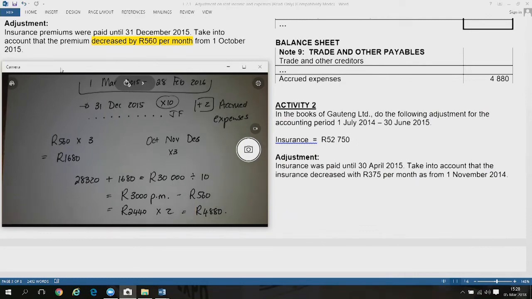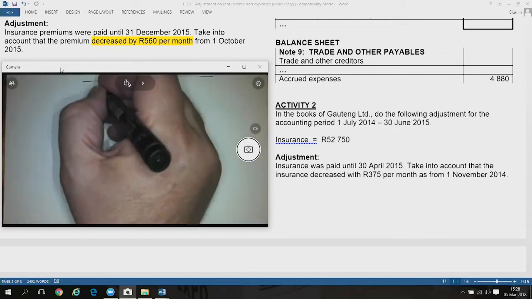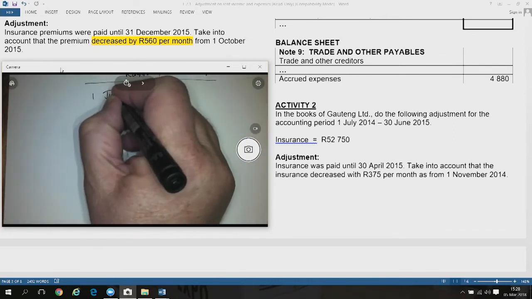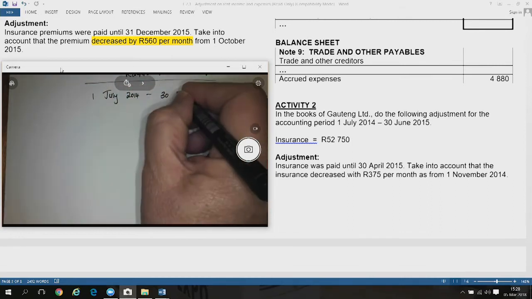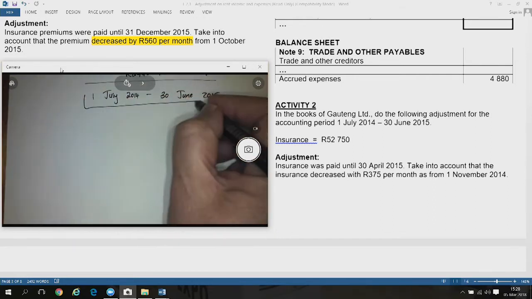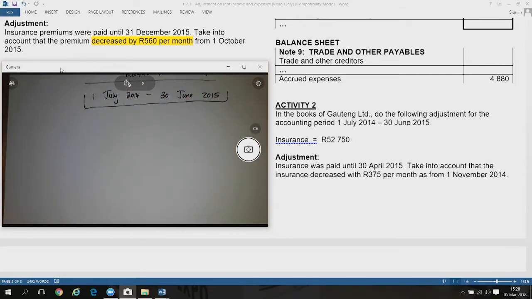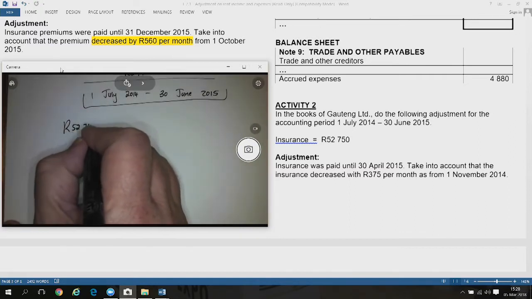Okay, now we are in Gauteng Limited again. So we are going to work with the 1st of July 2014 until the 30th of June 2015. Okay, there's our accounting period. The insurance amount is 52750.